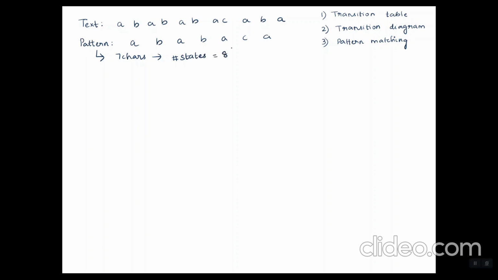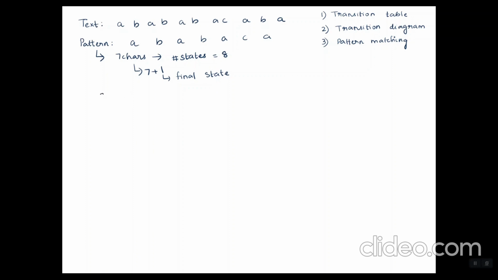So 7 plus 1, where this extra 1 is going to be the final state or the accepting state. Whatever the length of the pattern, have one state more than that, and that decides the total number of states present in a transition table.